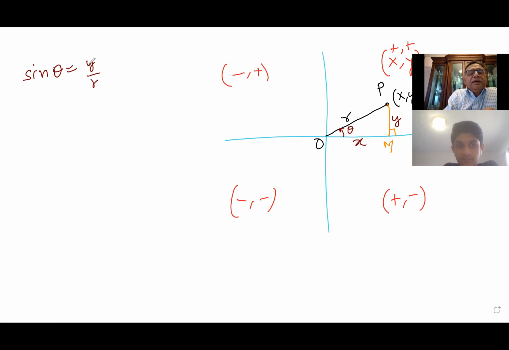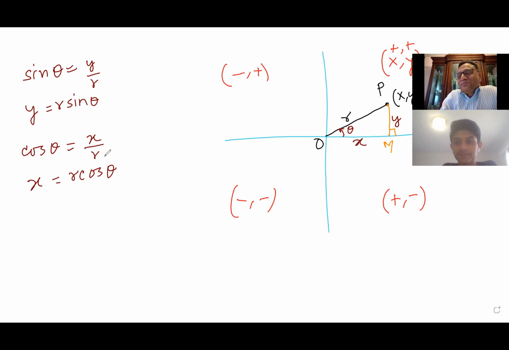And from here, we can rearrange and write y equals r sine theta. And cos theta is basically x over r, adjacent over hypotenuse. So the x coordinate value is basically r cos theta. Does it make sense to you? Yes, sir. Correct? r is always positive.